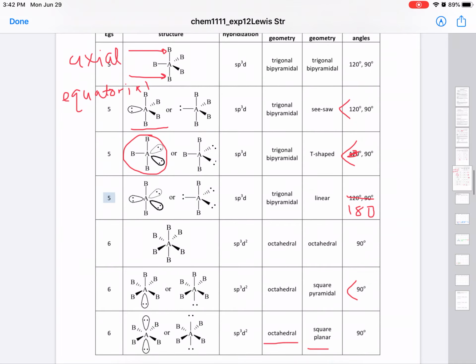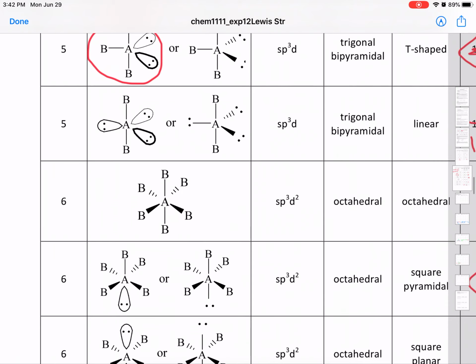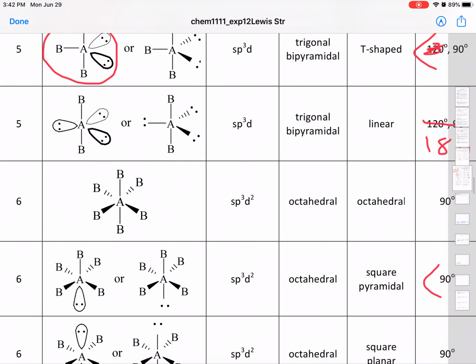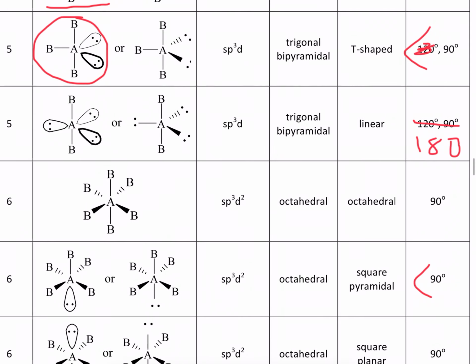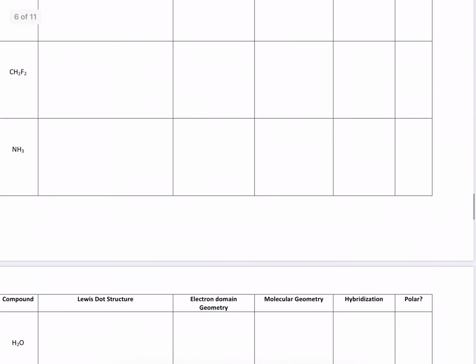So that means it's this line over here. They take the equatorial positions, coming from the electronic geometry trigonal bipyramidal. So the molecular geometry is going to be linear. Okay, so that's how you find it out.